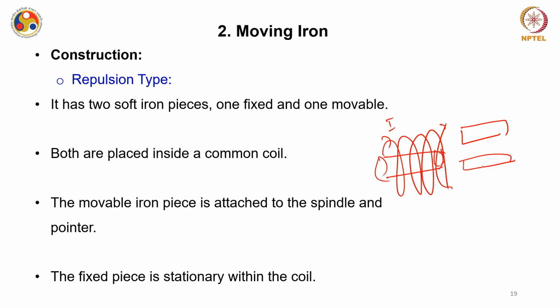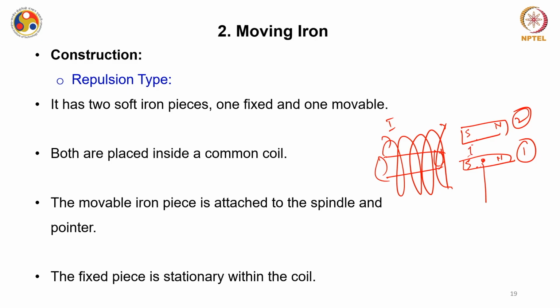I have fixed one iron piece, say I am calling this 1 and this 2. This is fixed, and both are magnetized. So this is say south pole and north pole. This is getting repelled by this one.